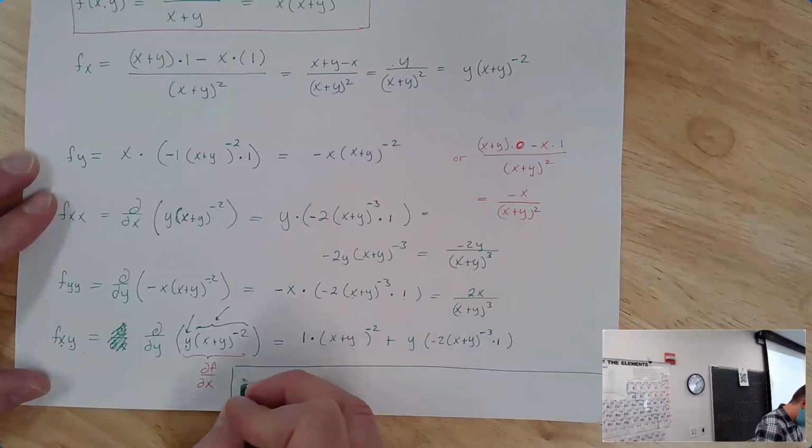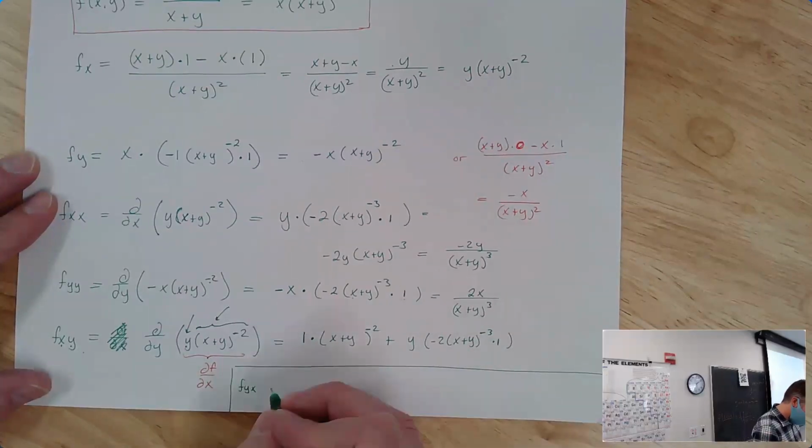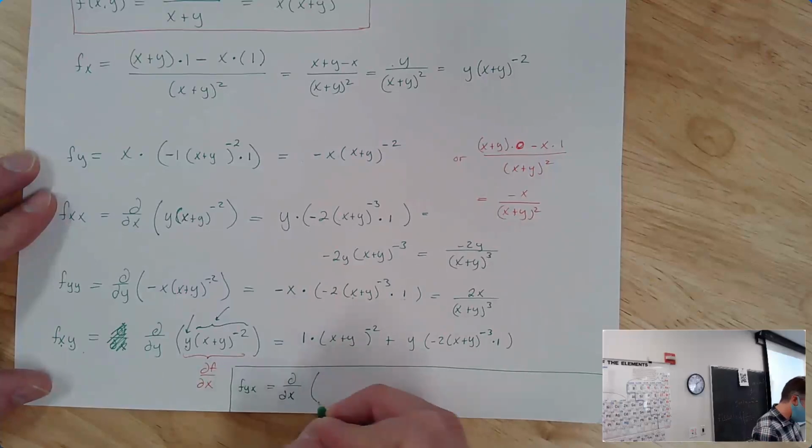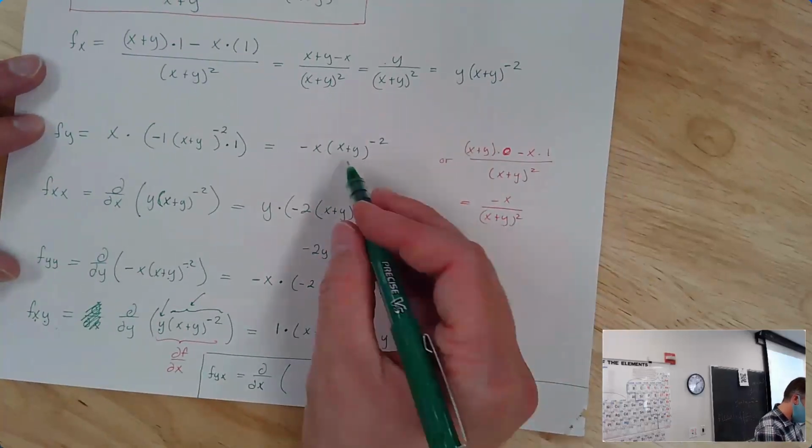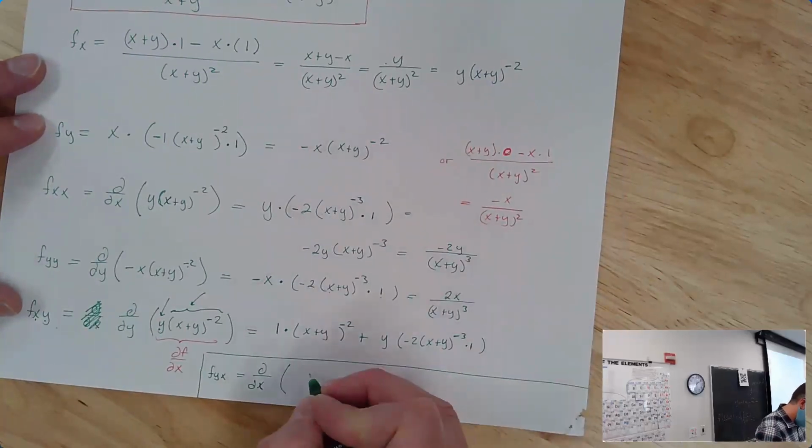So fyx is going to be the derivative with respect to x of the derivative with respect to y, which was this thing here, negative x over (x plus y) squared.